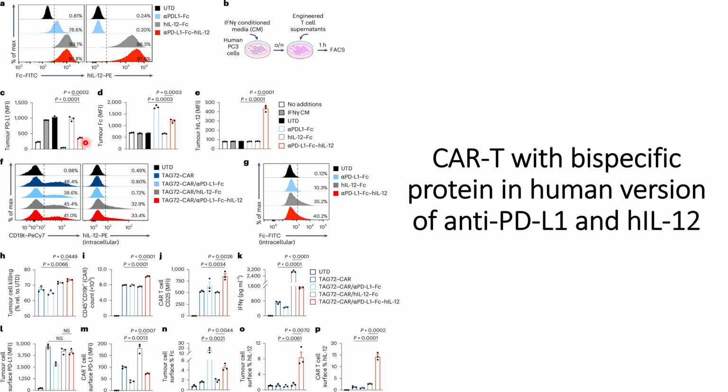And this could be because the anti-PD-L1 might be competing with the PD-1 expressed on the tumors, and that is the reason they are being masked during the flow cytometry analysis.